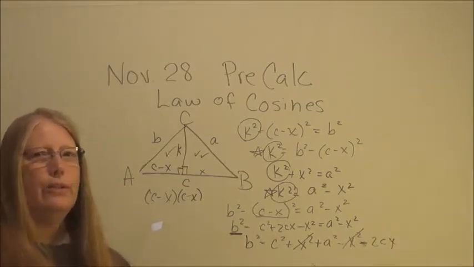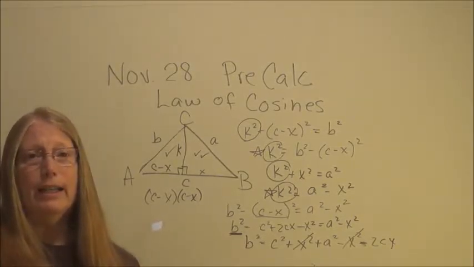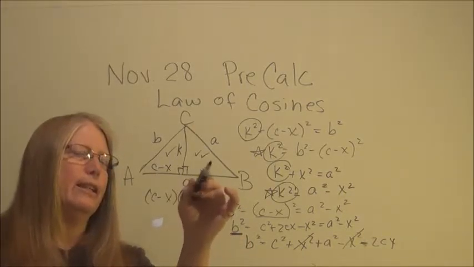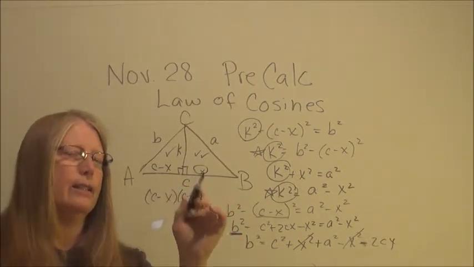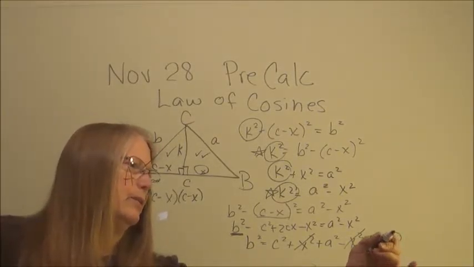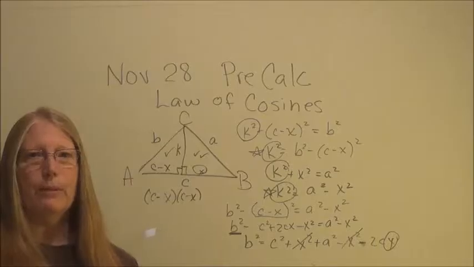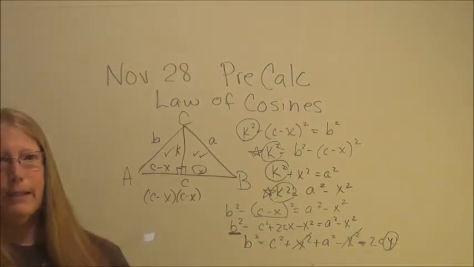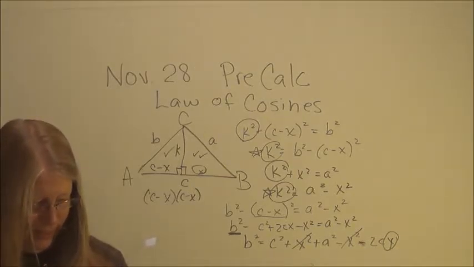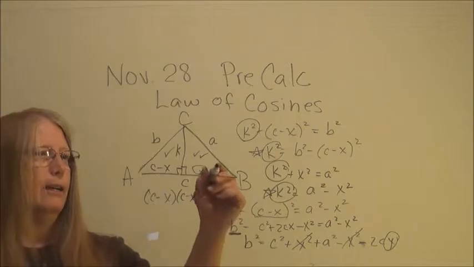However, if I'm trying to use this as a formula to find an unknown side, I do not want to work with the inside value of x, because in a problem that's not given to me. So I want to replace the x. I'm going to recognize that there's a relationship between x and the cosine of b.